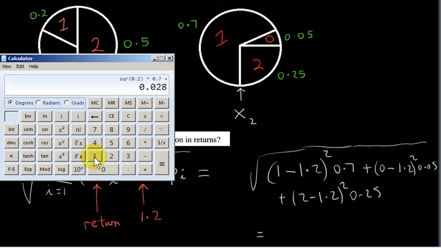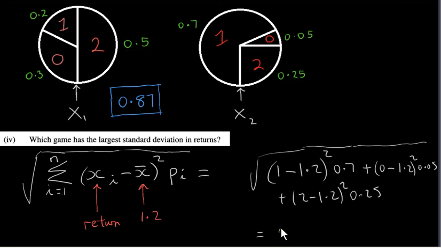Over here we have 1.2 squared times 0.05, and here we have 0.8 squared times 0.25. We get 0.26, put this to the power of a half to get the square root. So to 2 decimal places we get 0.51.